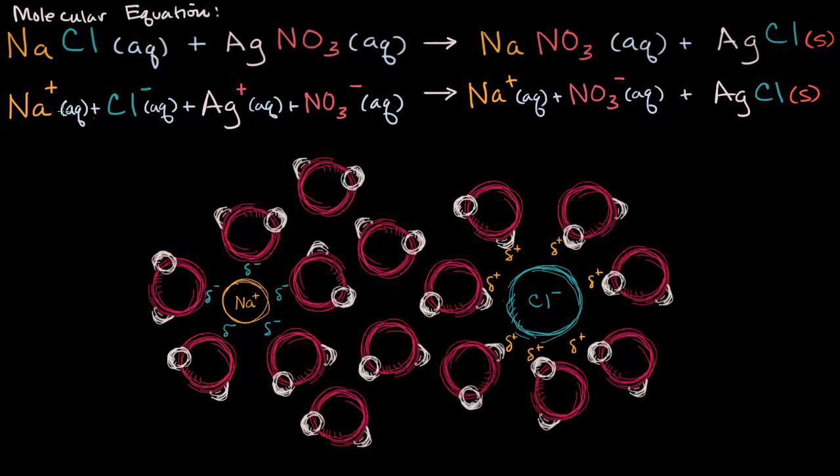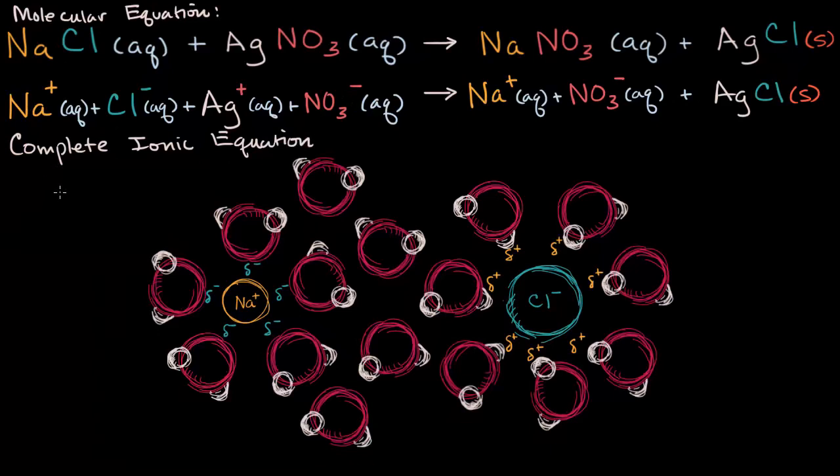This right over here is known as a complete ionic equation. The complete is there because we put in all of the ions. And we're going to compare it to a net ionic equation in a second. Complete ionic equation, sometimes just known as an ionic equation. Now, why is it called that? Well, because we're showing the individual ions as they're dissociated in water.